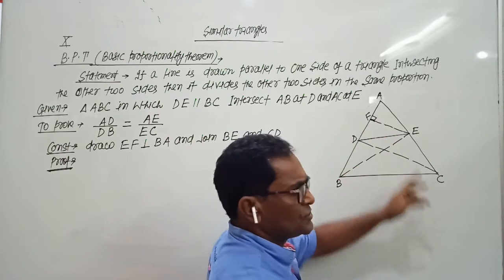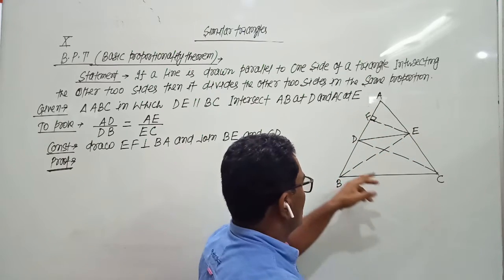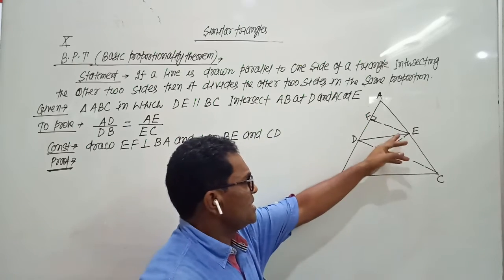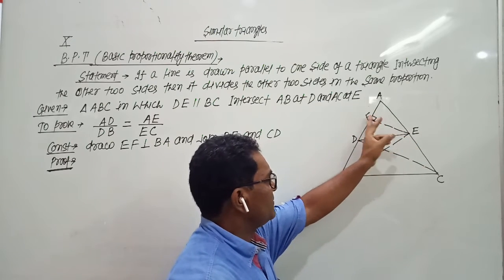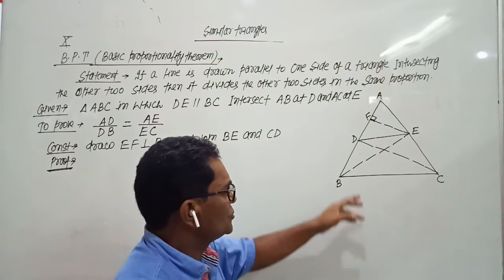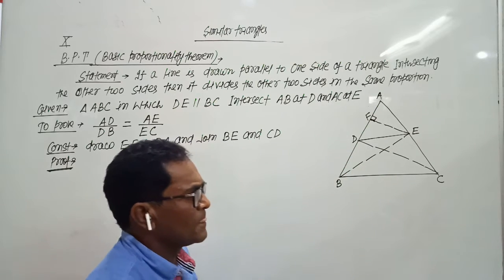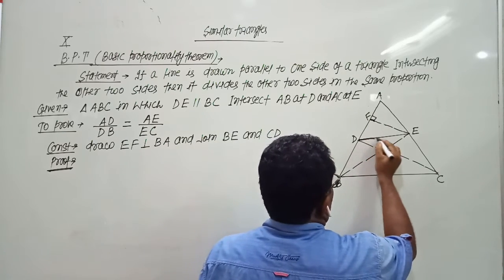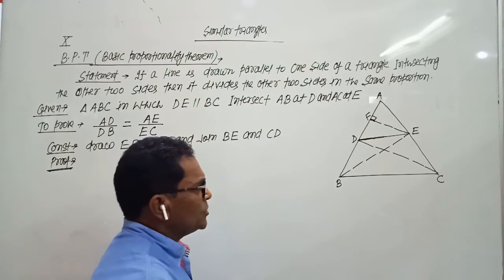This EF is altitude for triangle ADE and also for triangle DEB, because triangle DEB is an obtuse triangle.